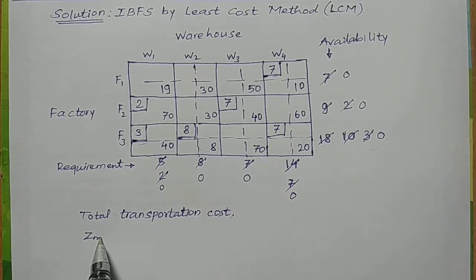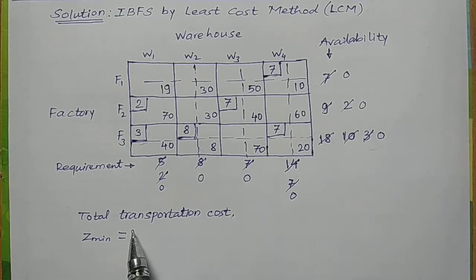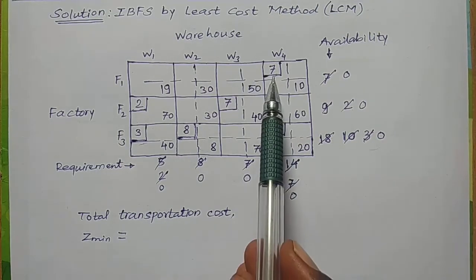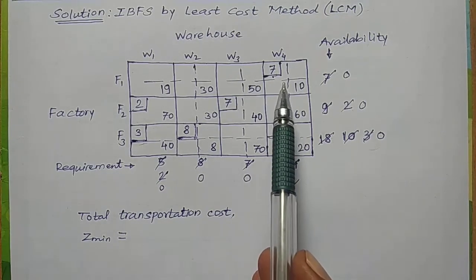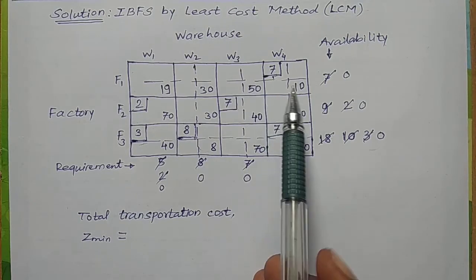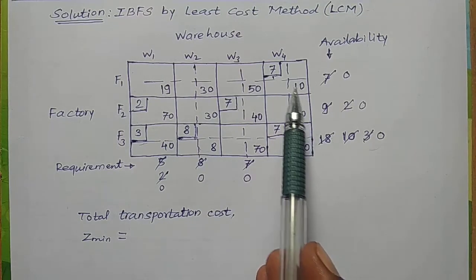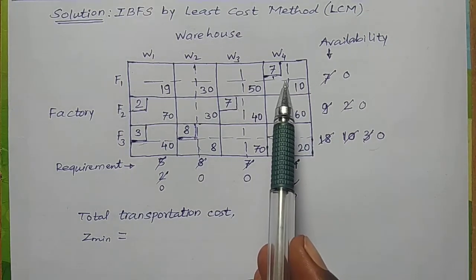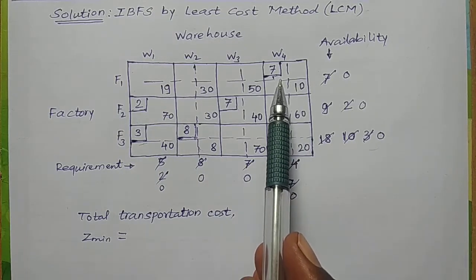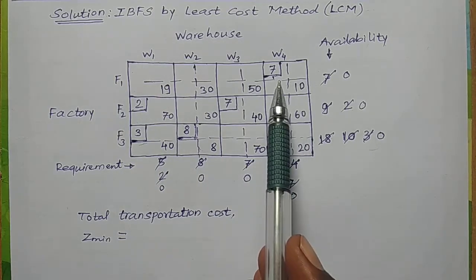Z equals, now how to find out the transportation cost? We have to look at the quantity, that is the number of units, and the cost per unit. Let us multiply the cost into units at the allocated cells only.